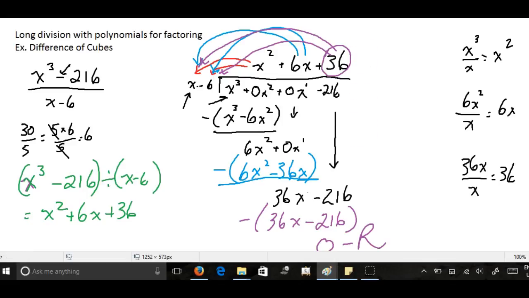Now, if I wanted to simplify my original expression, let's take my equal sign right over to this spot right here.